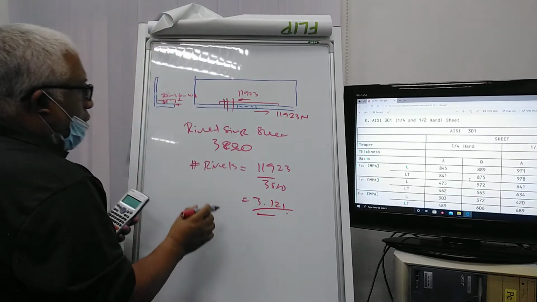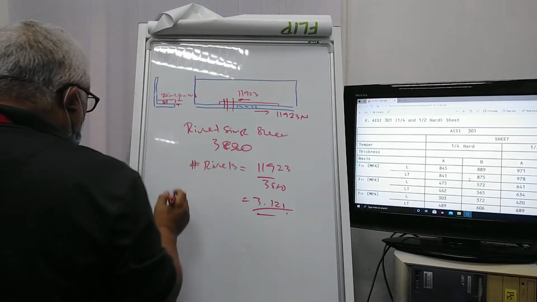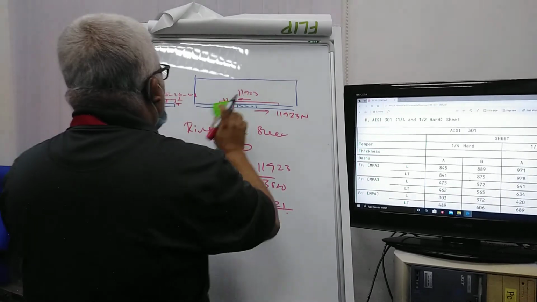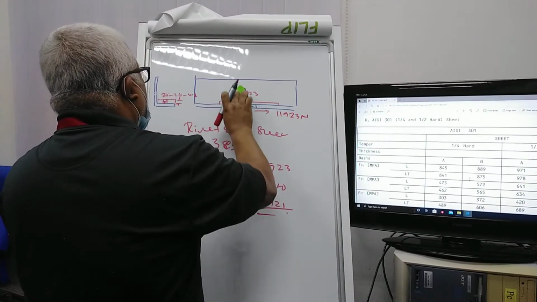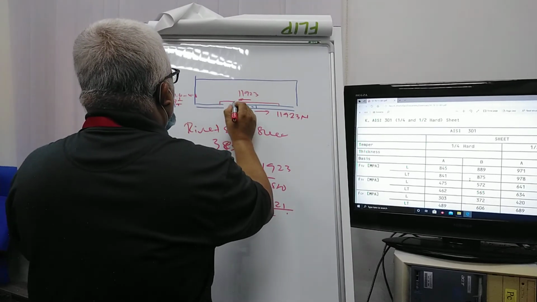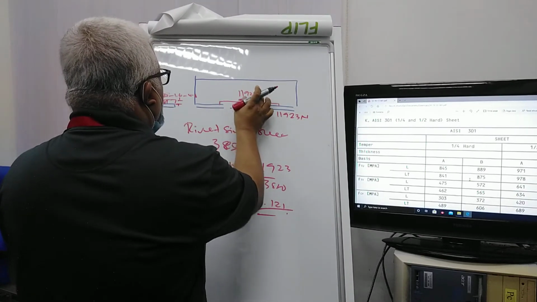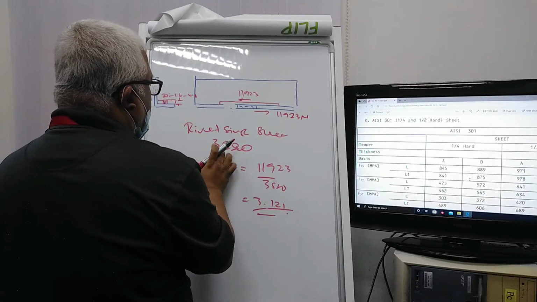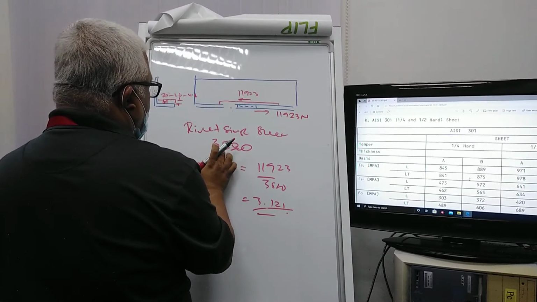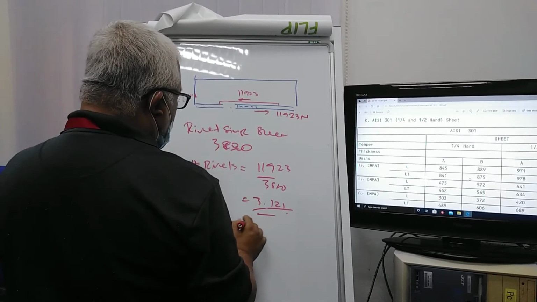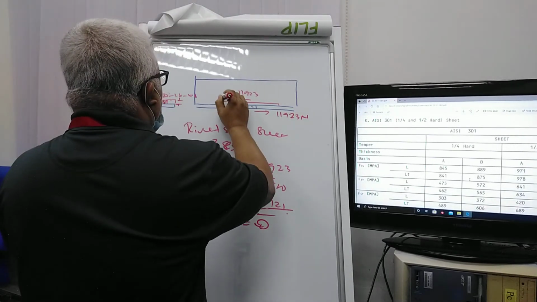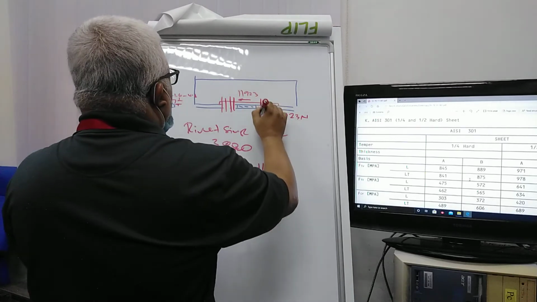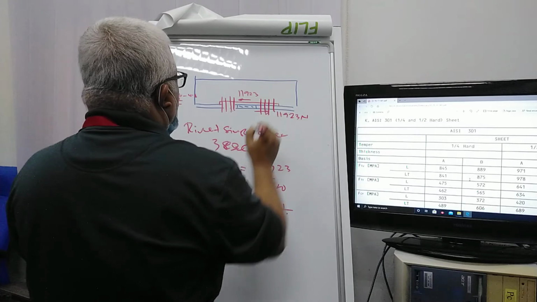That means in order for you to transfer the 11,923, you need 3.12 of the AD rivets that I mentioned earlier. So 3.12 we round up to 4. So we need to put 1, 2, 3, 4 rivets.